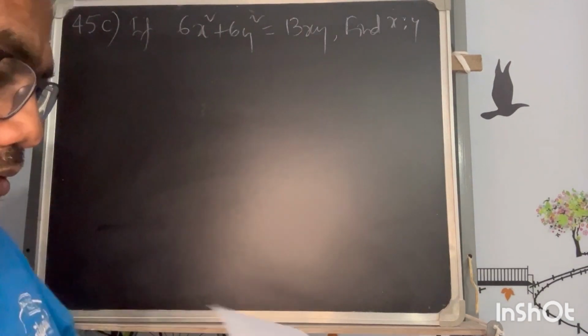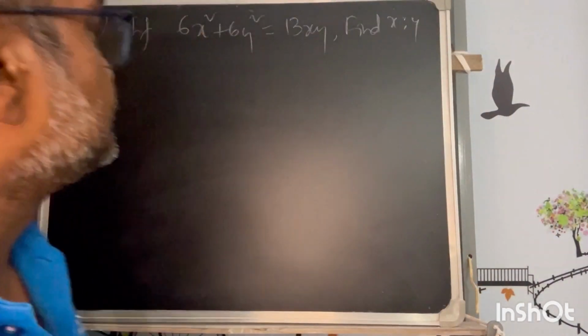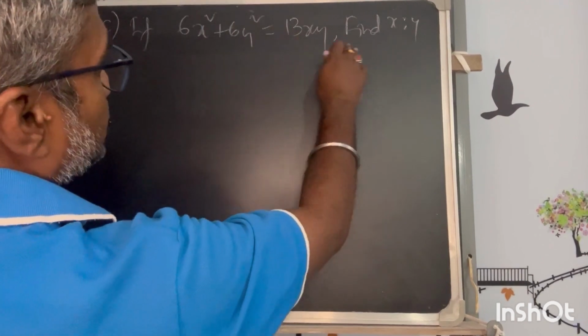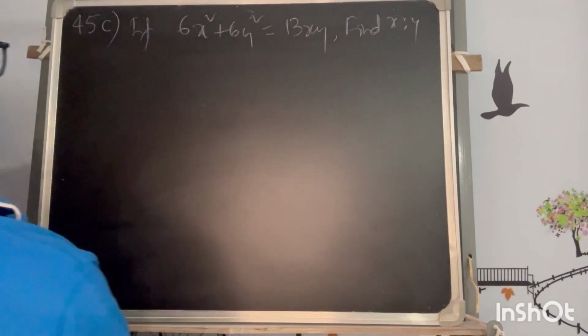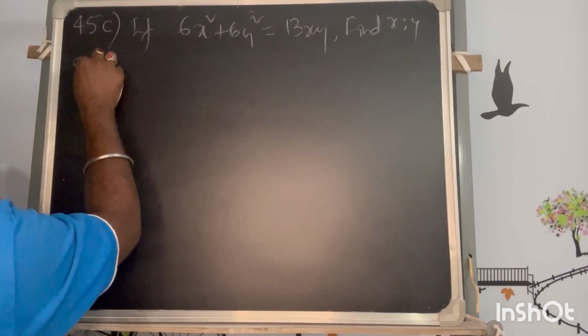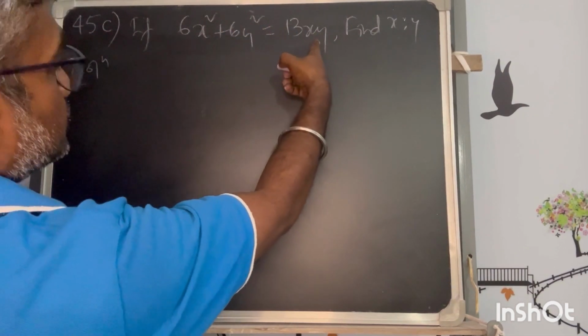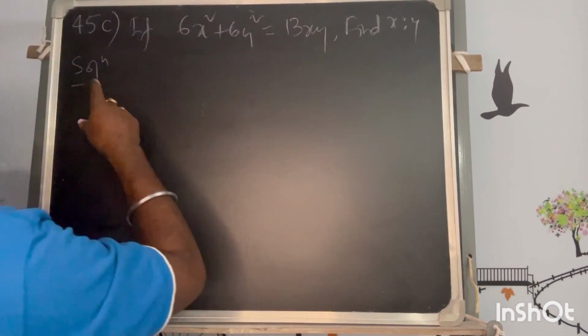Now this is a combination of a quadratic equation, a second order equation, with ratio and proportion. This is a combination of these two, because you can see this order is 2, here also the order is 2, so this is a second order.